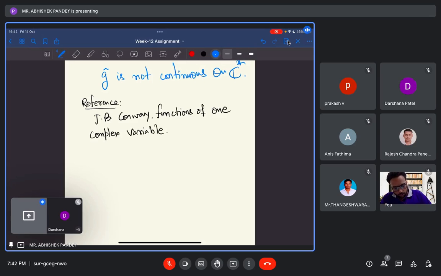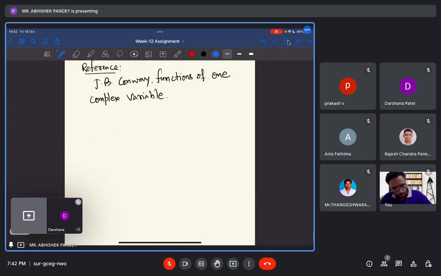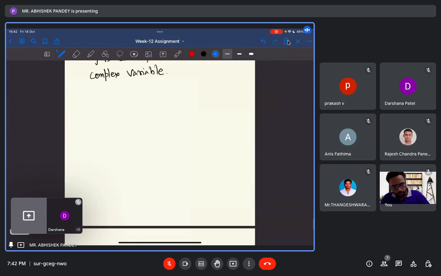Now let us look at another concept, which is called the Little Picard theorem.